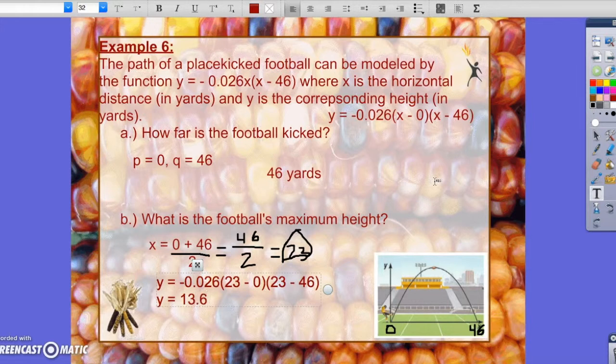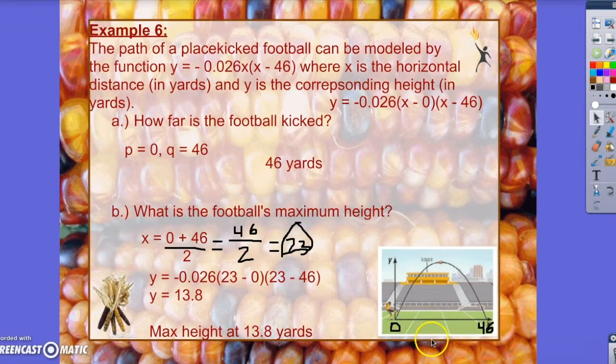Think about 13.6, or excuse me, 13.8 I should say. So what does that 13.8 mean? The maximum is at, so max height at 13.8 yards. So if I write the vertex here, I have the point 23, comma 13.8. The maximum height is decently high, right? For a person to kick a football, it's 13.8 yards.